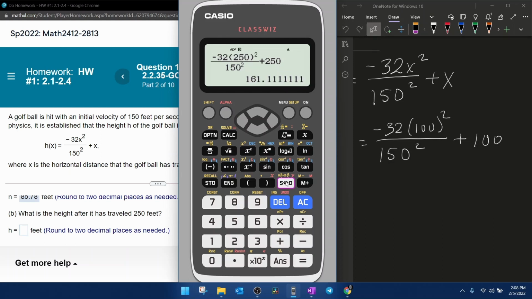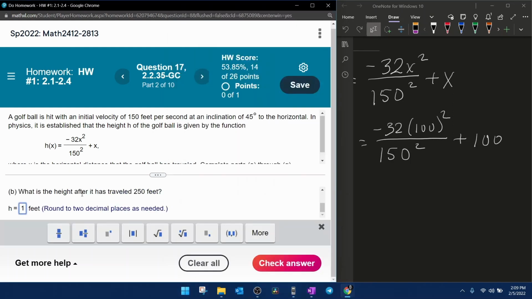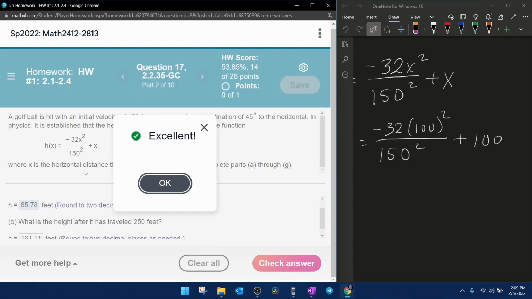Again, we need to hit the SD button to get a decimal approximation. Rounded to 2 decimal places would be 161.11 feet high.